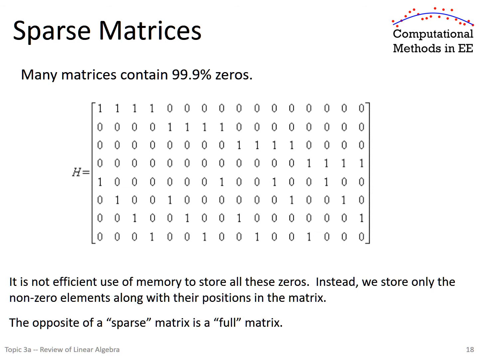But most of the time, your matrices are 99.9% sparse. And there is lots of literature out there on algorithms that are optimized for sparse matrices. If you're using MATLAB, you're in luck. All you have to do is tell MATLAB that a matrix is sparse, and then you can forget about it. MATLAB does everything else for you. But rest assured, there is lots and lots of literature for very optimized algorithms dealing with sparse matrices.